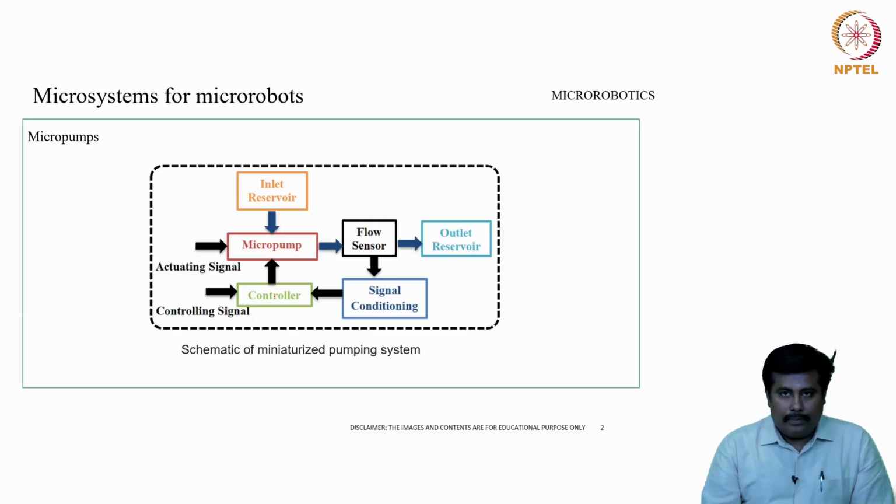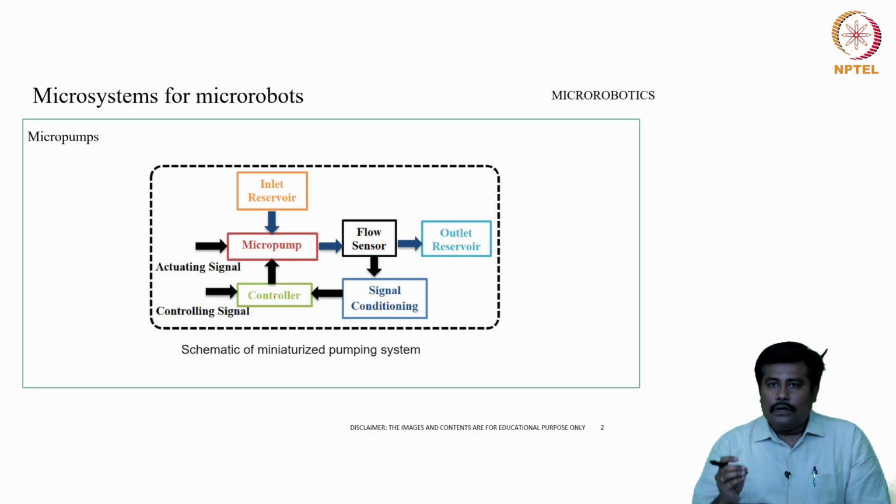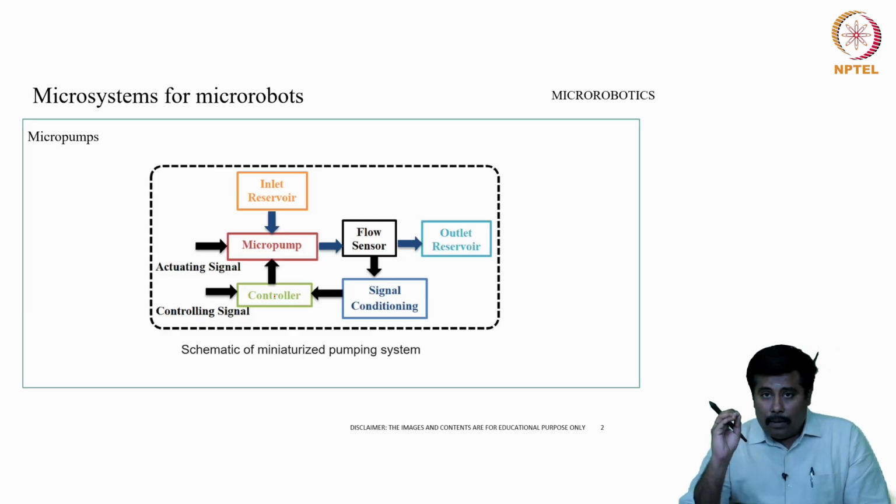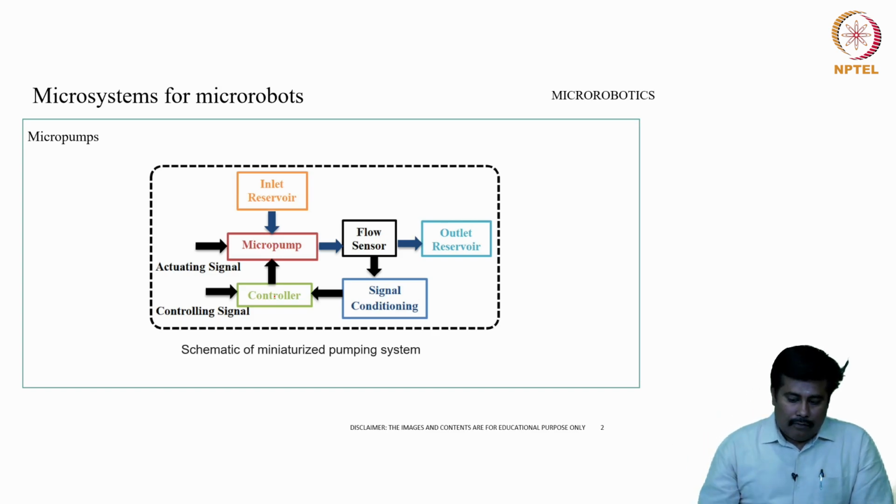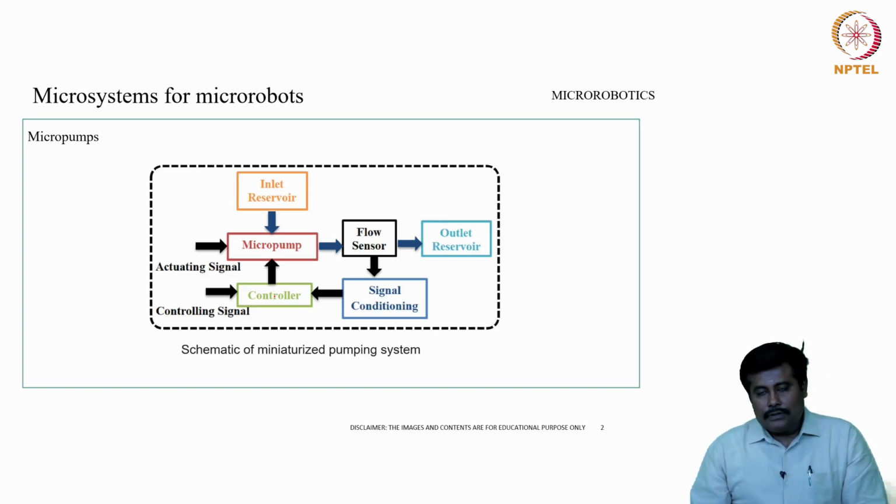Then there is a controller in place. The main function of the controller is to control the micropump for appropriate actuation. Then we have a flow sensor, from which the fluid moves to the outlet reservoir.